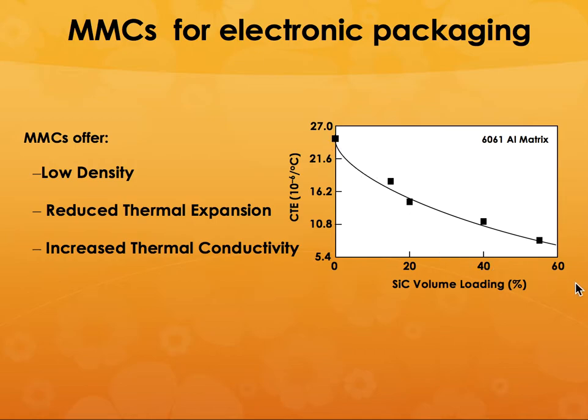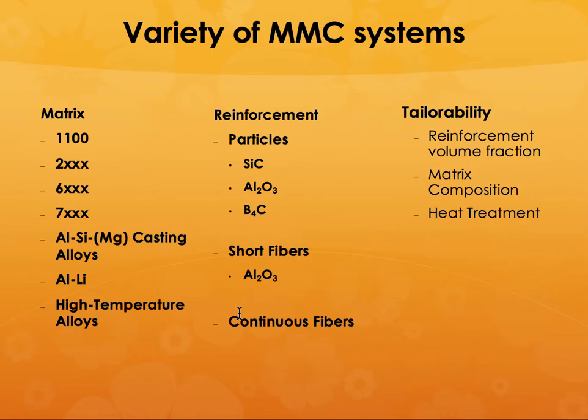By increasing the silicon carbide volume loading, you can decrease the thermal expansion coefficient, and it will also increase the thermal conductivity. So you are killing two birds with one stone in this case.